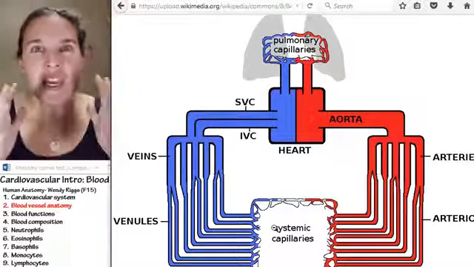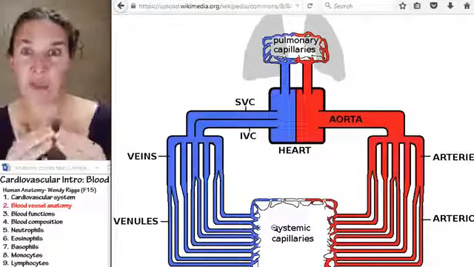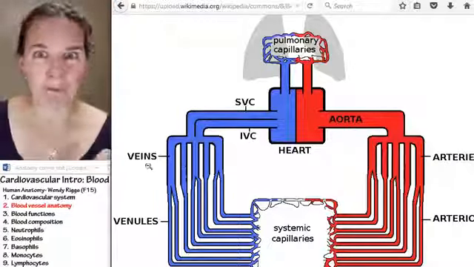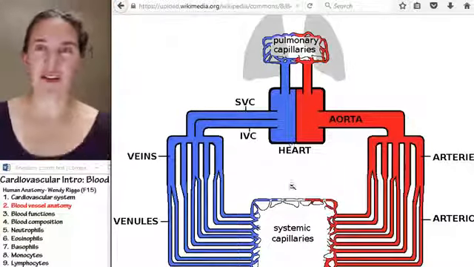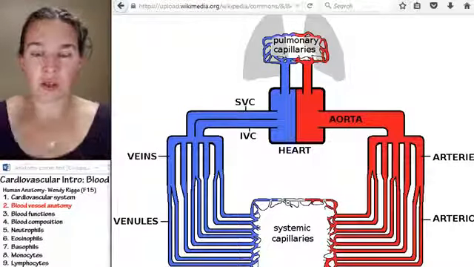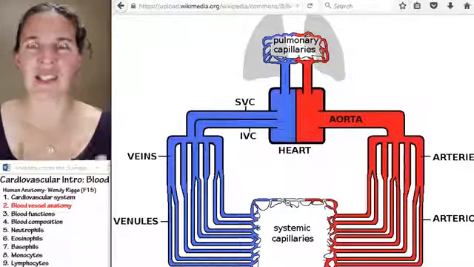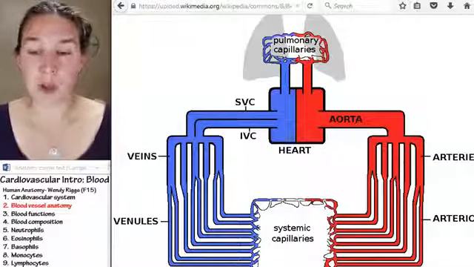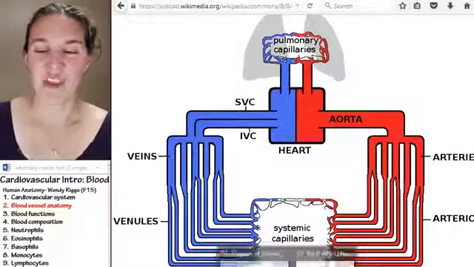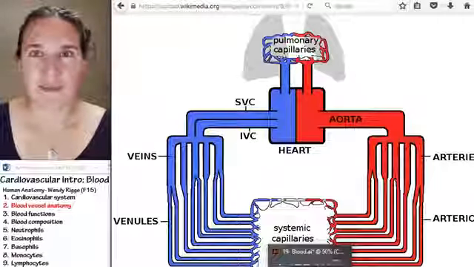And then we feed back in, like now we're unbranching, new name, more unbranching, new name, and then we feed back into the heart. And so this pattern of blood vessel organization is something that we're going to see all the way through, and they're all connected, and they're all filled with blood.